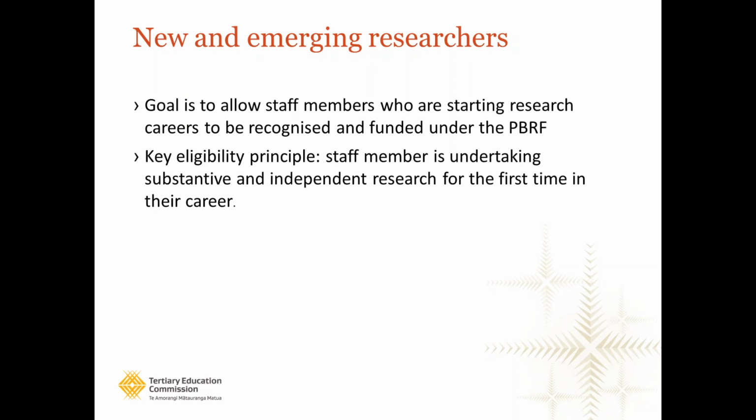So that's one of the reasons why if you're a new and emerging researcher and you have a thesis, you do need to provide one other research output. So it's slightly different. If you're not a new and emerging researcher, you do just provide that one minimum, substantive independent piece of research. Right.